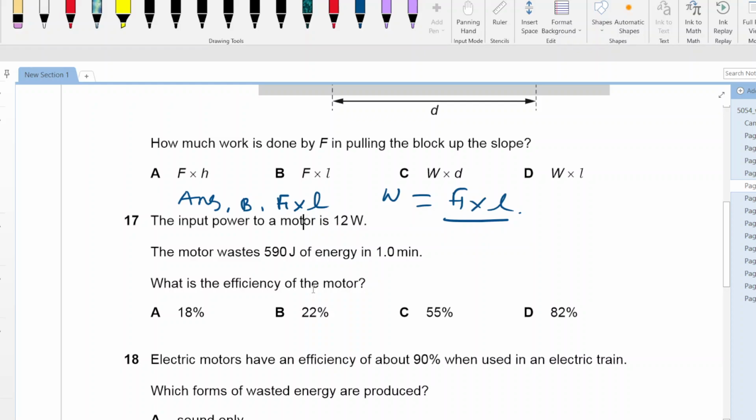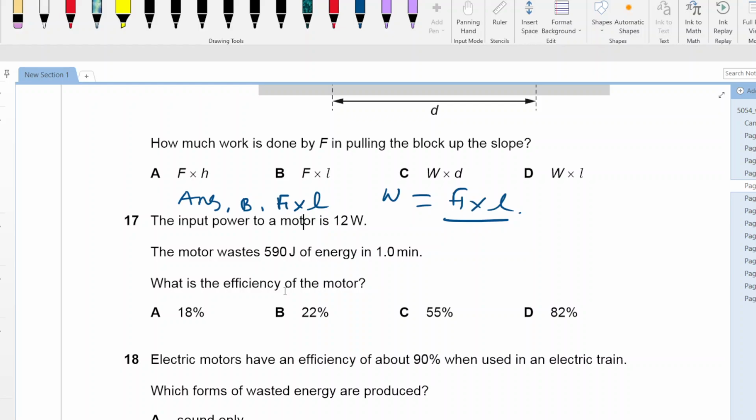Now I am at question 17. The input power of a motor is 12 watt. The motor wastes 590 joule of energy in 1 minute.